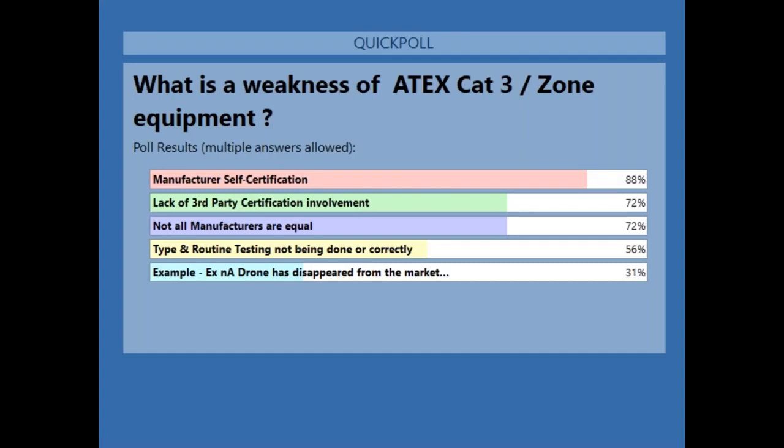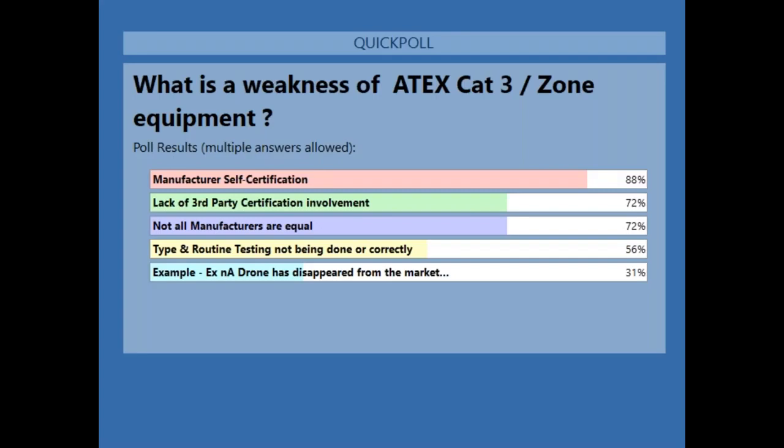Manufacturer self-declaration. I say this is good. Of course, the manufacturer is going to say it's good. They want to sell a product. The lack of third-party involvement. Once again, not all manufacturers are equal. Do manufacturers know how to do type and routine testing correctly? Or do they do all the correct ones? Who's checking?